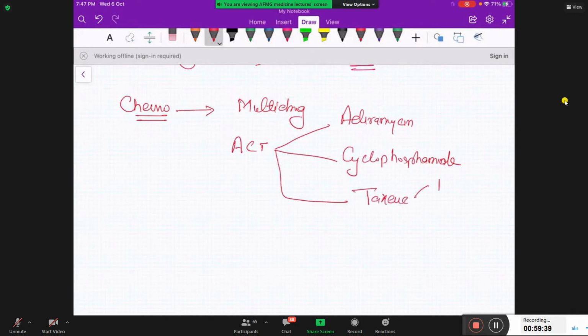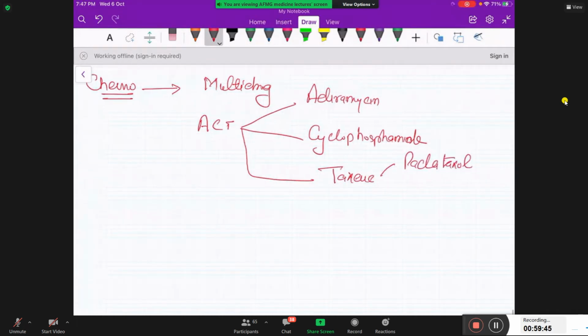What are taxanes? Paclitaxel. If ACT is not there in your choice, then it is CAF. What is CAF?